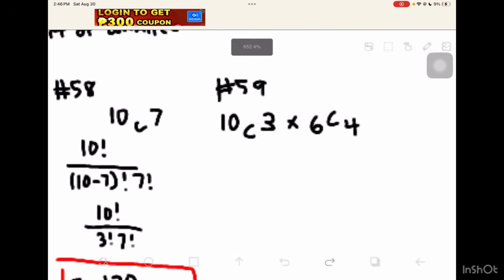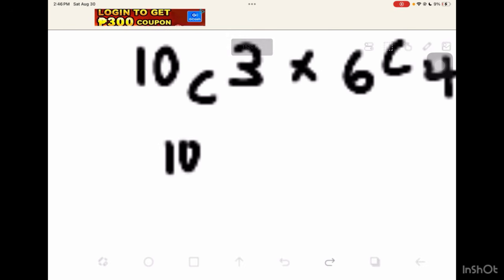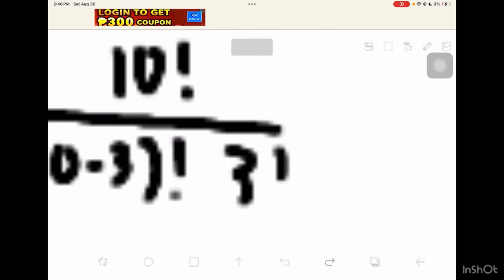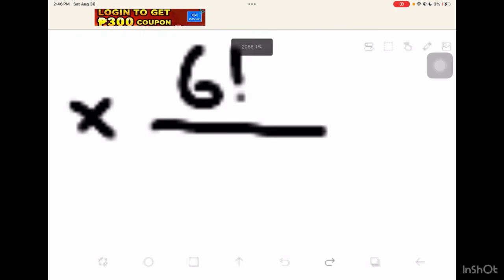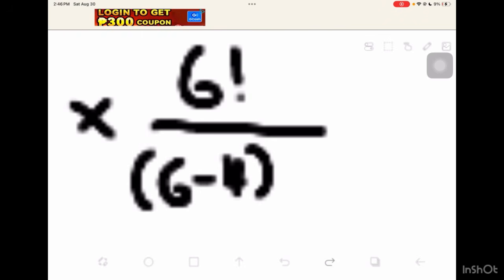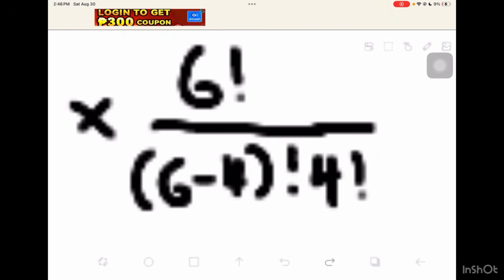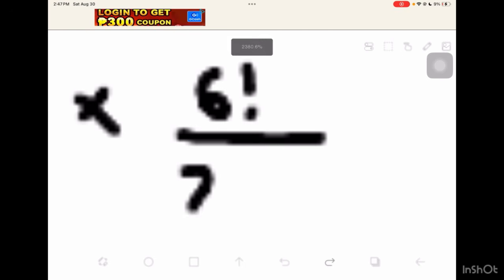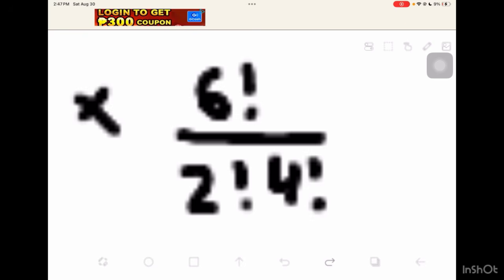So once we do this, we have 10 factorial over 10 minus 3 factorial, 3 factorial, times 6 factorial over 6 minus 4 factorial, 4 factorial. That's equal to 10 factorial over 7 factorial, 3 factorial, times 6 factorial over 2 factorial, 4 factorial.